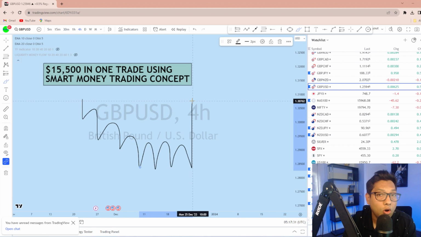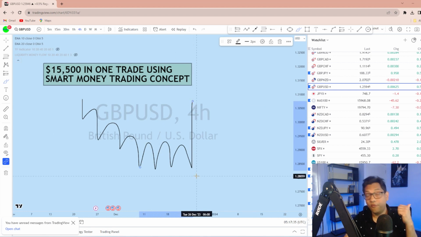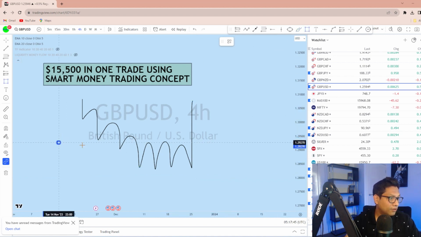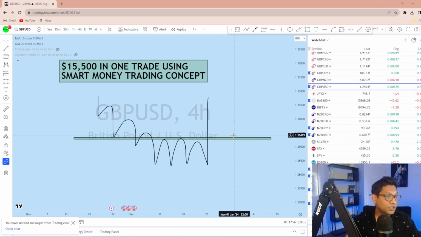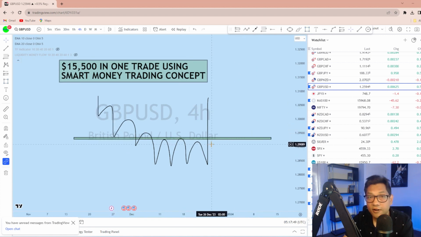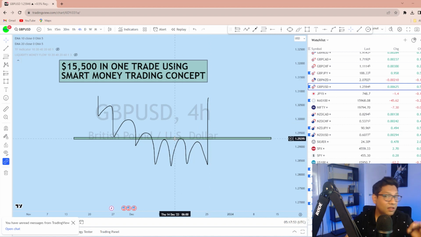Now that is not all, because when a market consolidates for a change of trend, that is where the smart money is accumulating positions for a bigger move. If you look at this zone here, let's assume that this market is consolidating here and then breaks out from that consolidation. Until this consolidation, the market was acting here as a resistance.